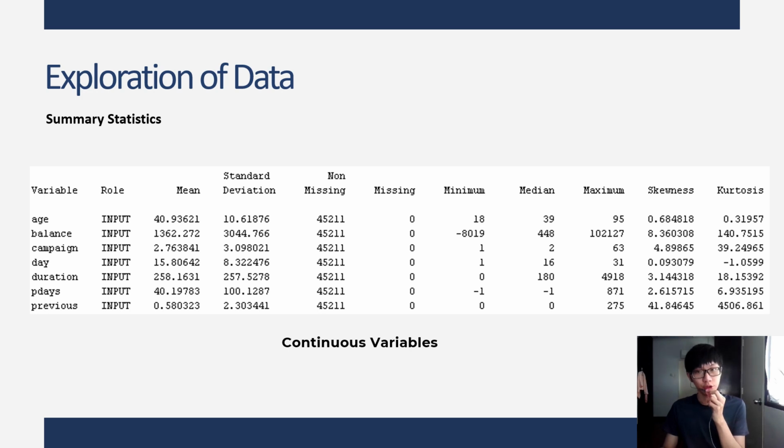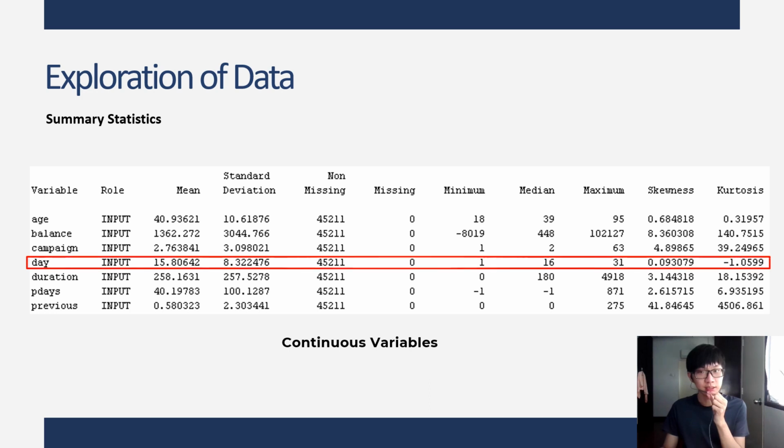First, we go for the summary statistics for the continuous variables. Here, we can see that for all the continuous variables there is no missing value, but the interesting part is that the variable day is the only one with a skewness value between negative 0.5 and 0.5, while all other continuous variables have a skewness value greater than 0.5, which indicates these variables are positively skewed.